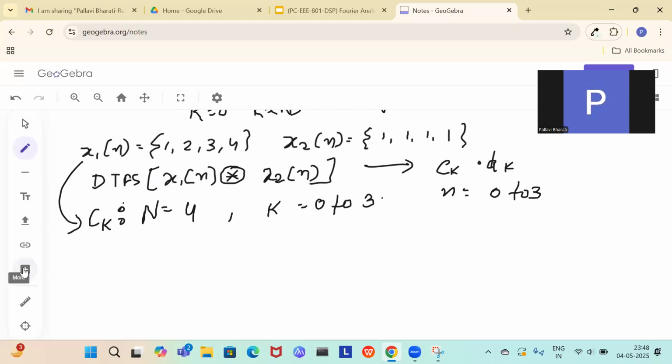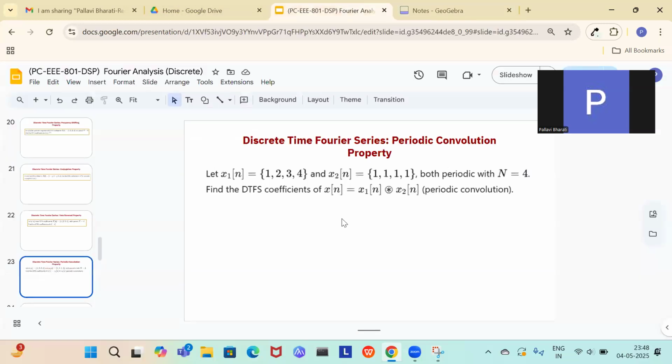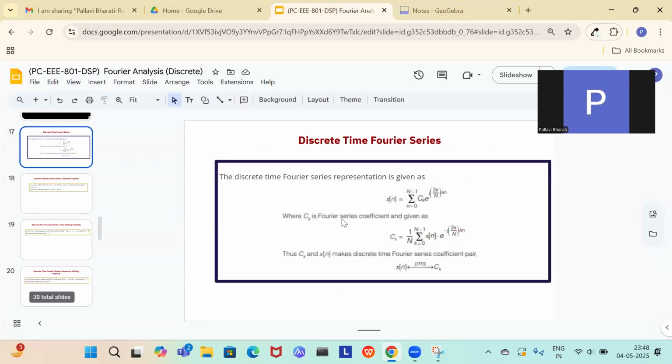First we will be finding out c_k. The formula for c_k says that c_k is equal to 1 by N, the sum for n equals 0 to N minus 1, x[n] e to the power minus j 2 pi by capital N into small k n.